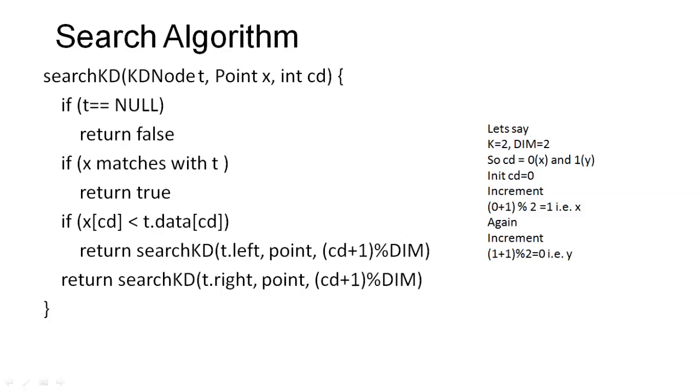Like if the current value for CD, that is the cut dimension, is the X coordinate, then for both the nodes we will compare only their X coordinate. Now if the X coordinate of the point we are searching for is less than the current node's X coordinate, it means that the point has to be present in the left subtree, and hence we recursively call the same algorithm, but this time on the left subtree. In case the value is greater than the current node, then we have to search in the right subtree.